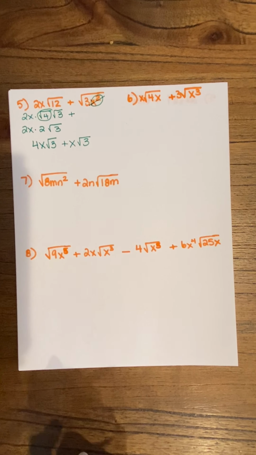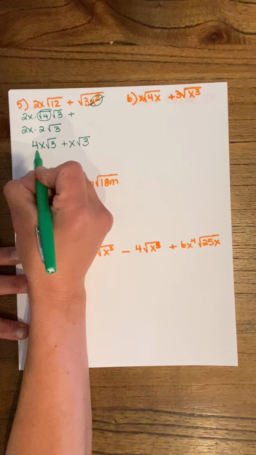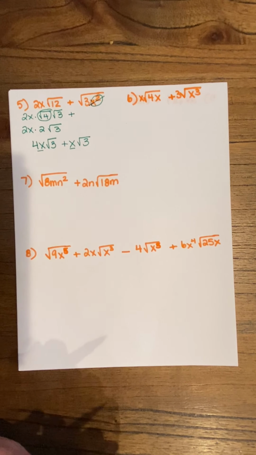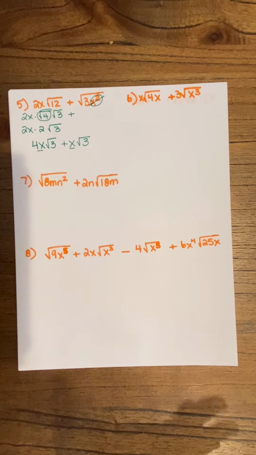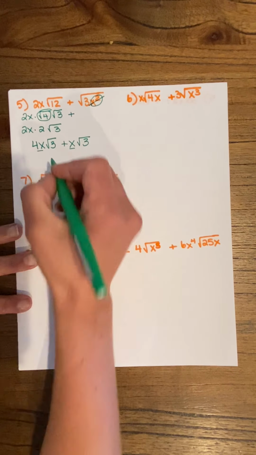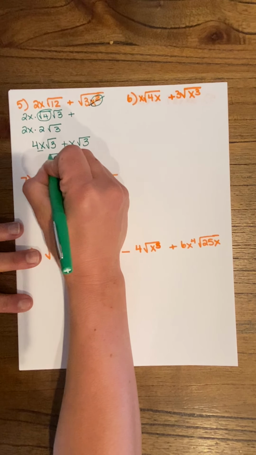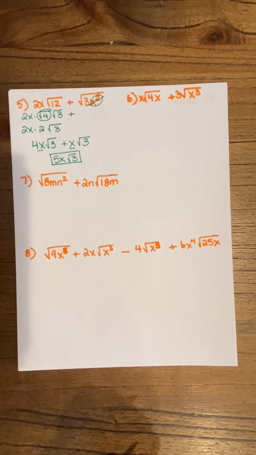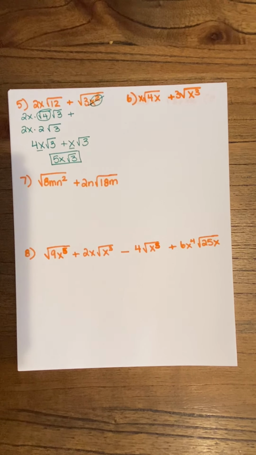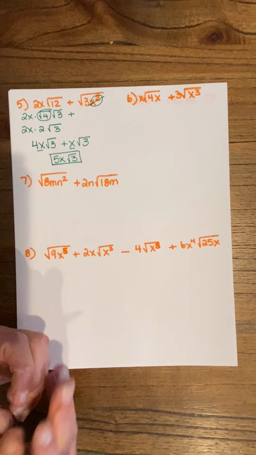I want it to be rad 3 because I have a rad 3 plus a rad 3. So again, all I'm going to do is combine the numbers in front, which happen to have x's on them, but it's no big deal. Add 4x and 1x, and you're just going to get 5x as your final answer. So sometimes you can simplify stuff, sometimes you can't, okay?